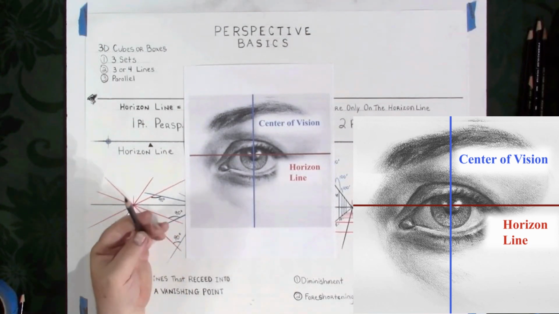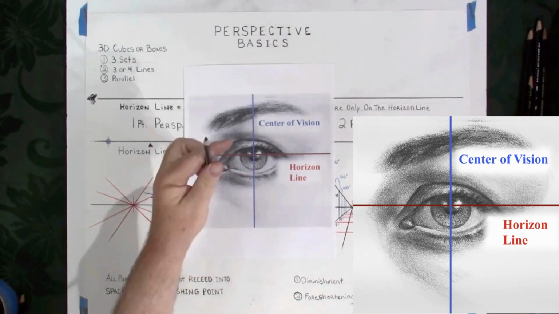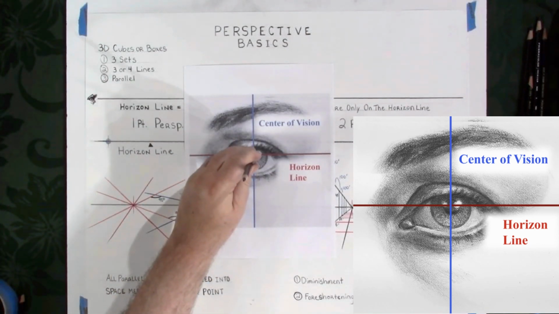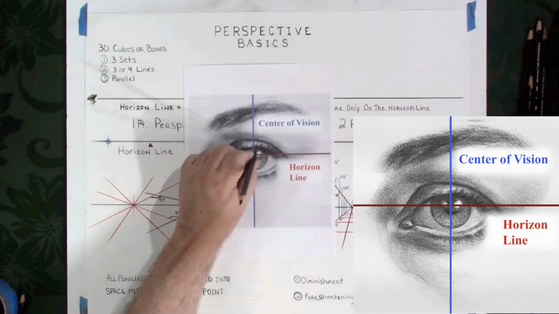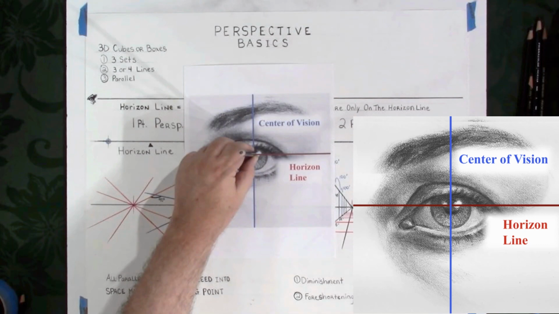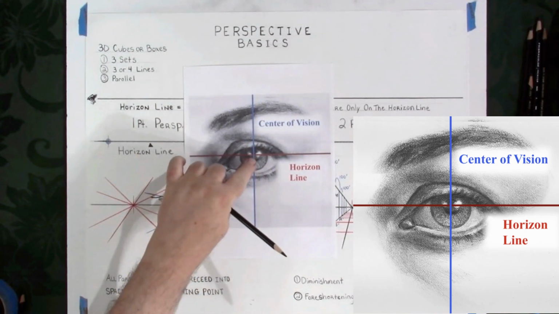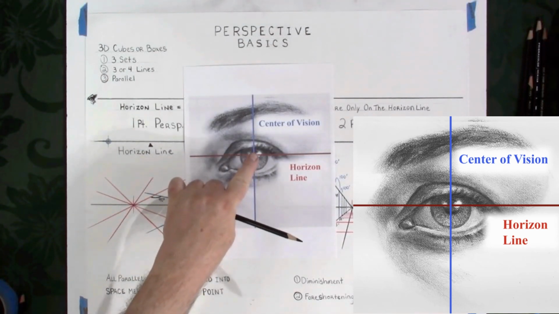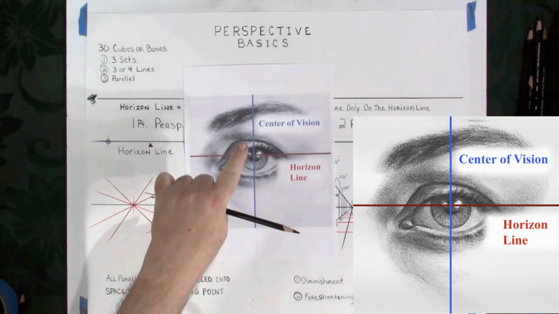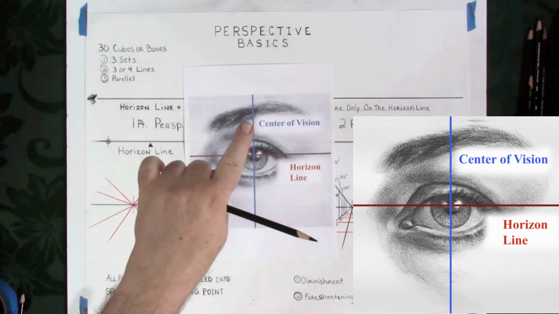And we've talked about the line of sight. From that crosshair, the line coming out from there would be, now I'm not standing this straight up so you can actually see the pencil coming off. If I stand it straight up, you probably can't see it as well. But the idea is, from this point where the horizon line and the center of vision cross, if I come straight out from there, that's the line of sight that comes out from our eye as far as we can see.